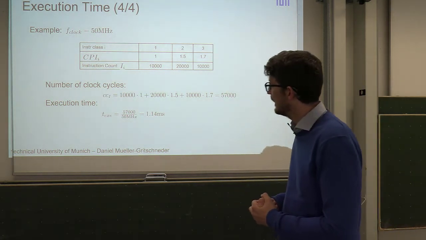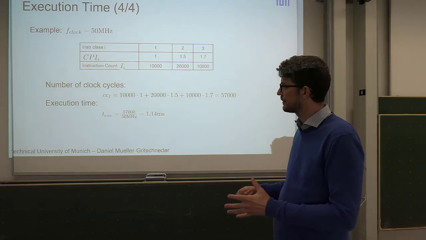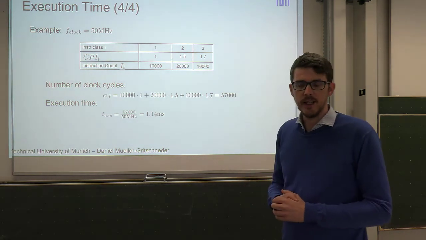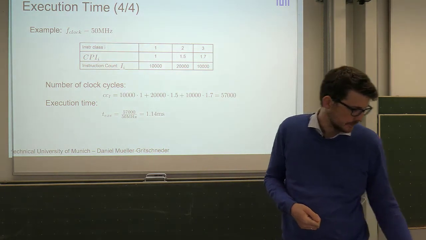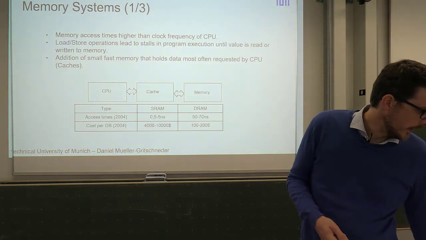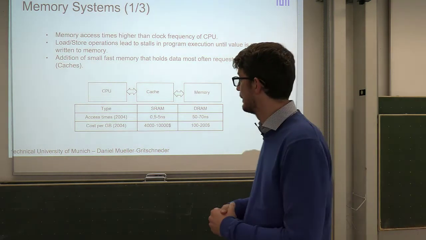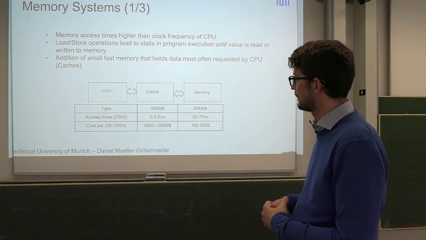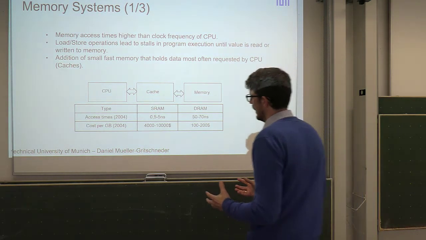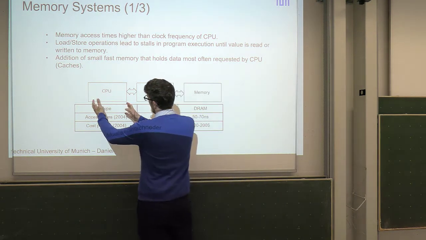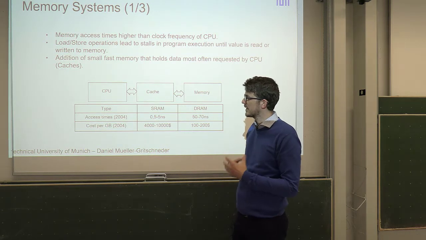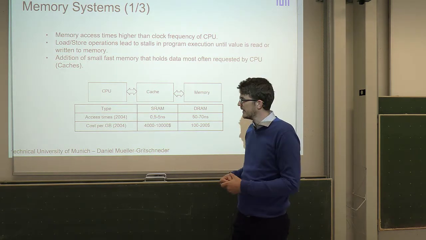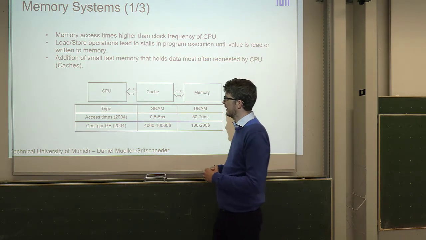Okay, and now, as I've said, that's already nice, but the memory system is an important factor. So now, why do we have a memory system at all? The issue is, we have our processor, and in the processor we already have memory, which are registers, but these are the most expensive, so it's very easy and fast to access them, but they are very expensive.